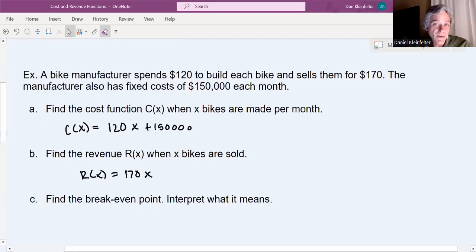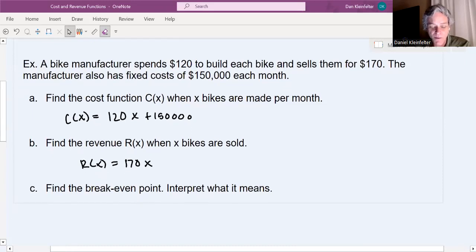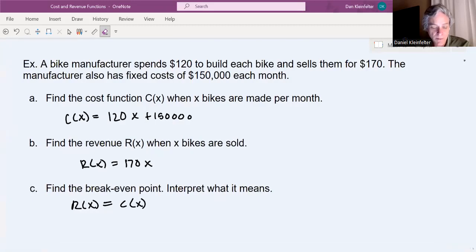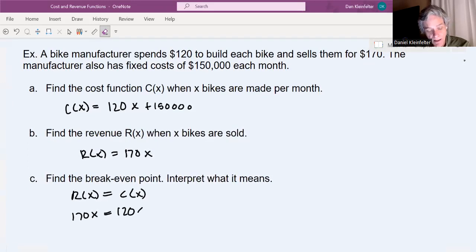Okay, we're to find the break-even point. So that will be the solution to where revenue is equal to the cost. Okay, so that will be 170x is equal to 120x plus 150,000.